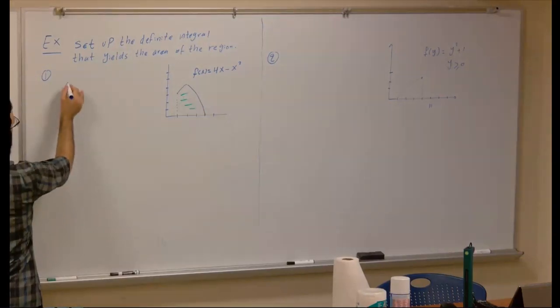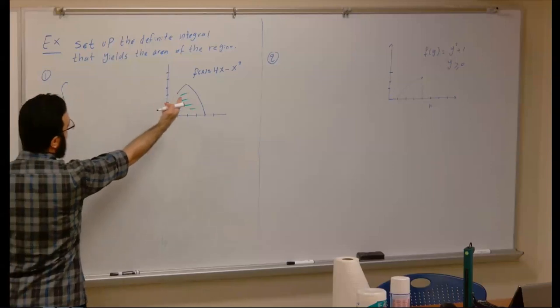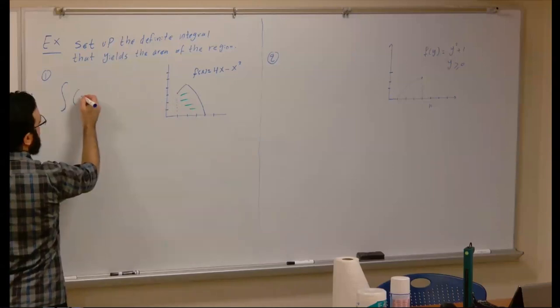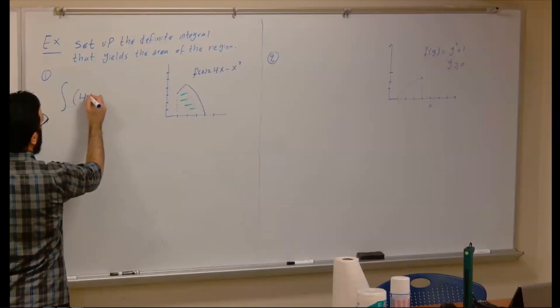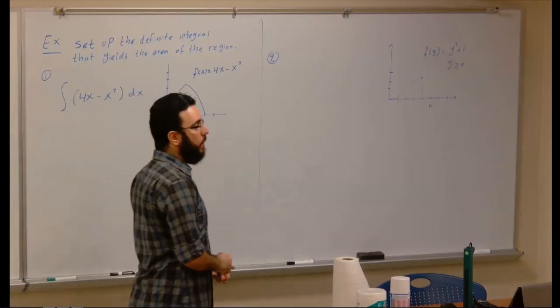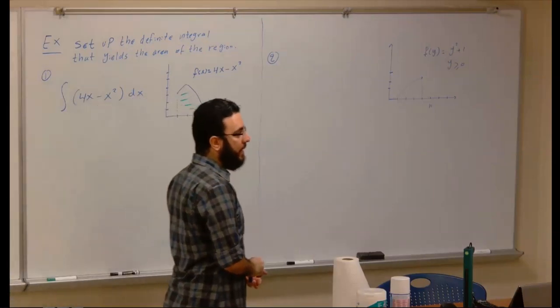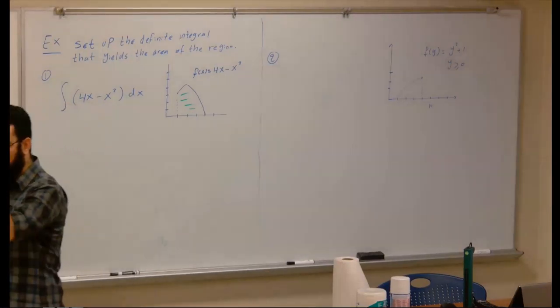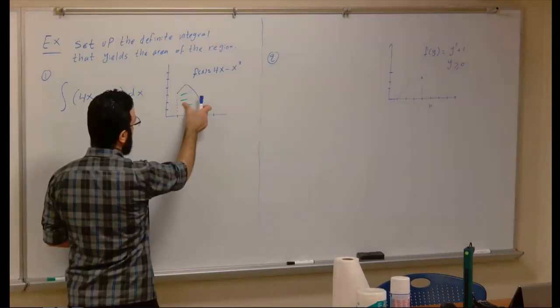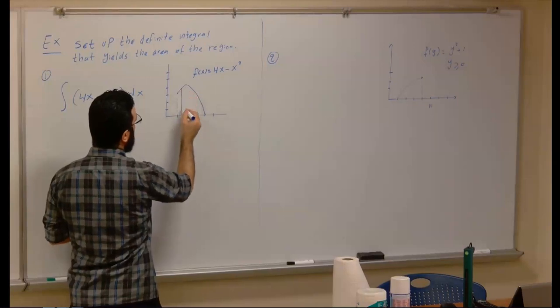It's an integral of my function with respect to x. That means the function is 4x minus x squared dx. If it's dx, our rectangles are going to be with respect to x, so our rectangles are going to be like this.